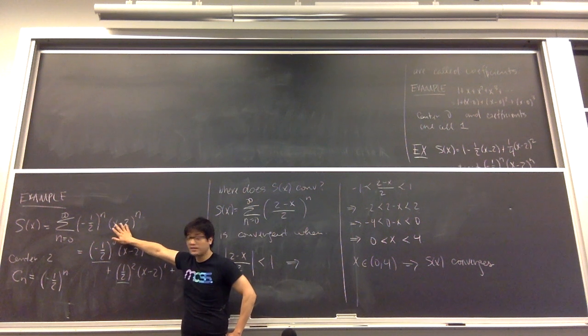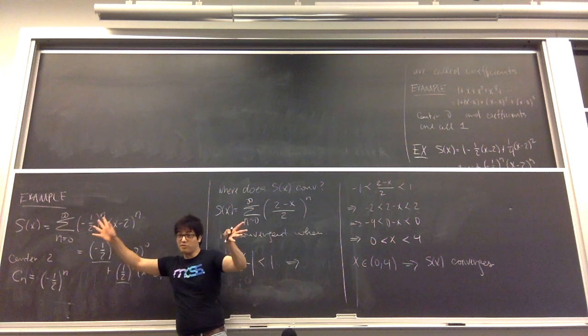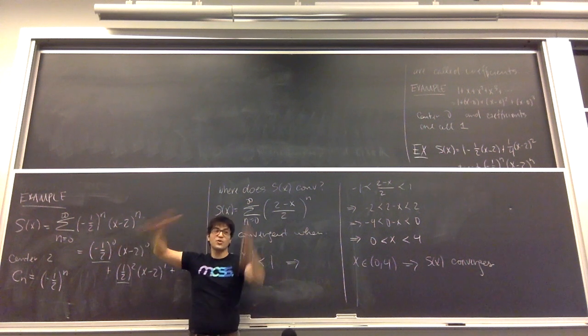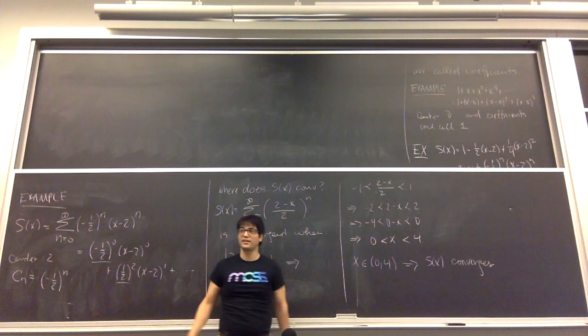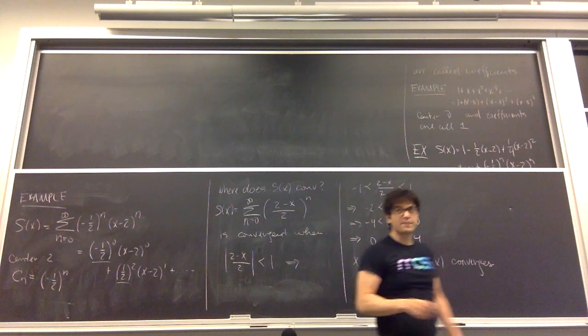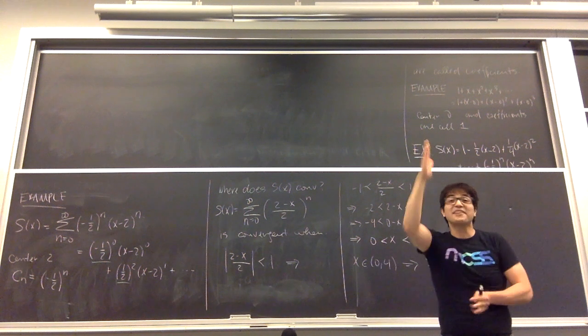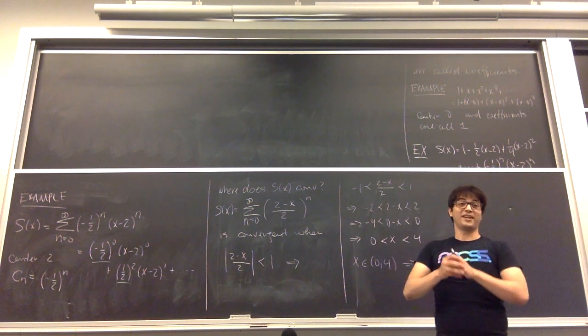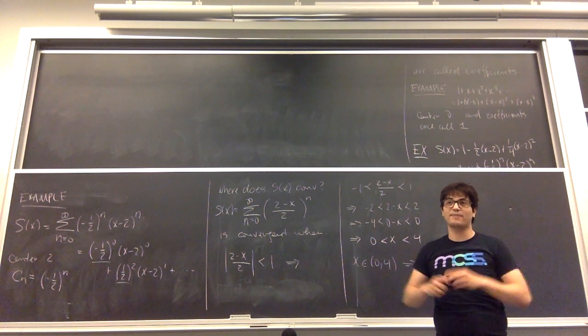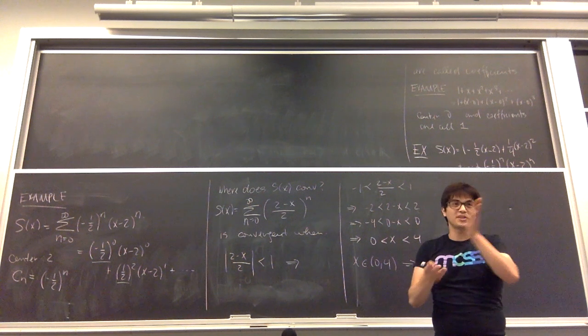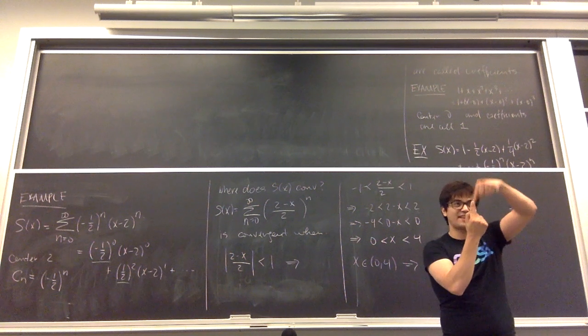It becomes 0. Thereby, everything is 0. So if I put 0 into here, you get 0. And 0 is convergent. So there's always at least one number that these power series converge at. The center. Right? So that's why we have to give it a special name. So these power series are always convergent at their center. So we always get that for free.